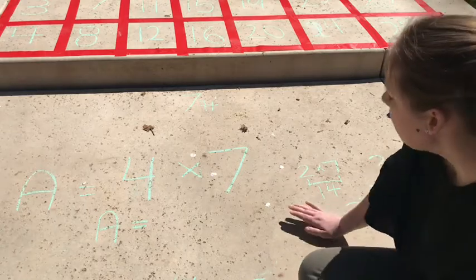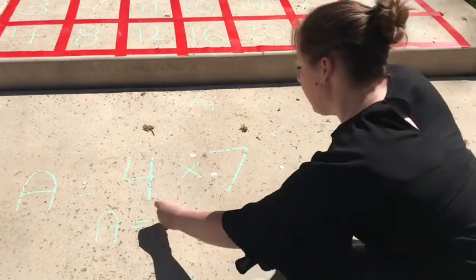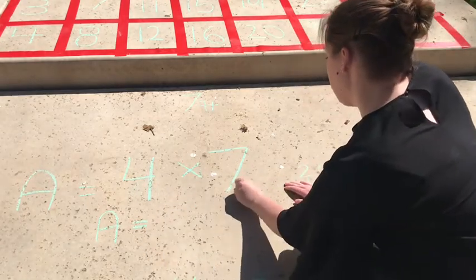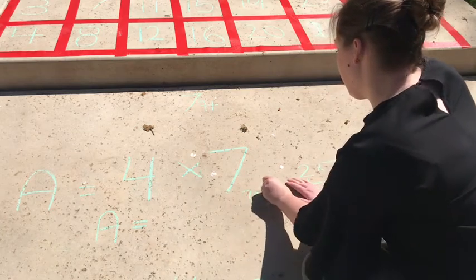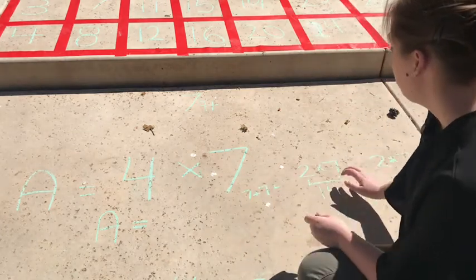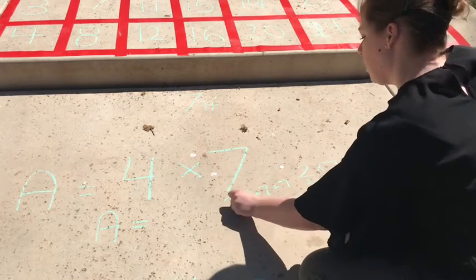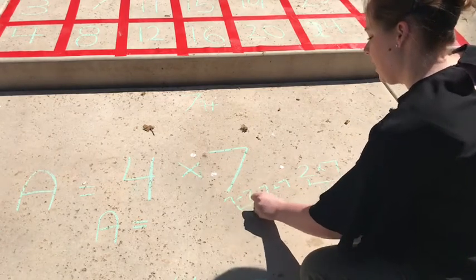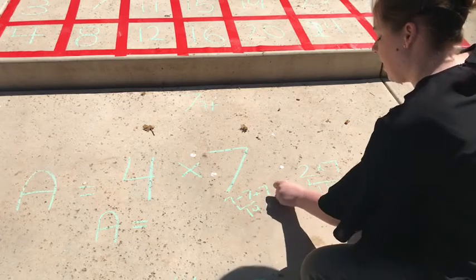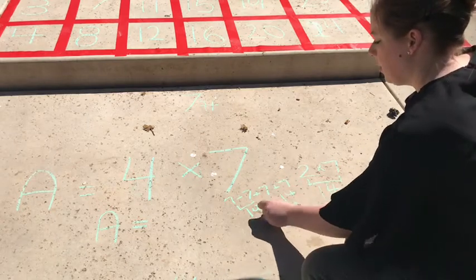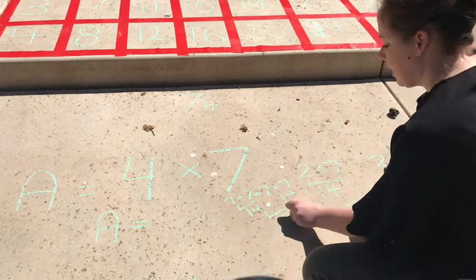And so if I have 7, I can also do it this way. 7 plus 7 plus 7 plus 7. We have 7 plus 7 is 14. Plus 7 plus 7 is 14. Add those two together and we have 28.